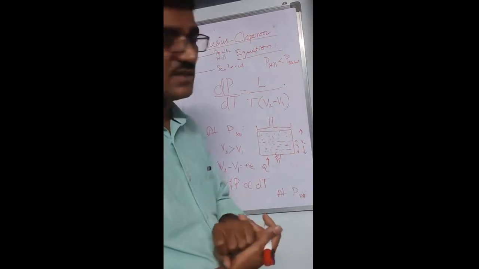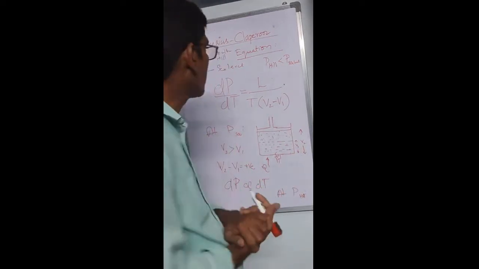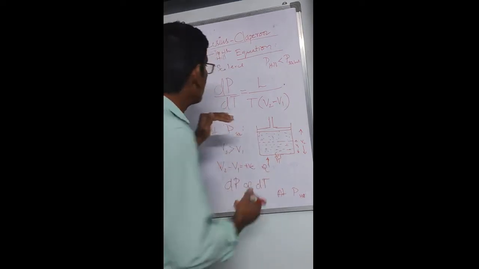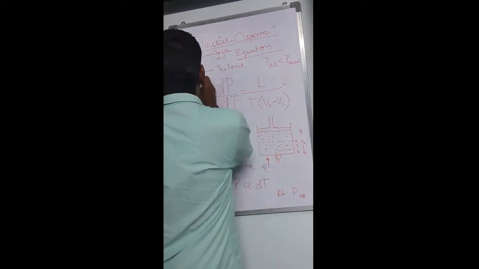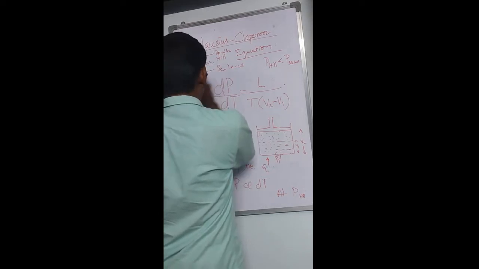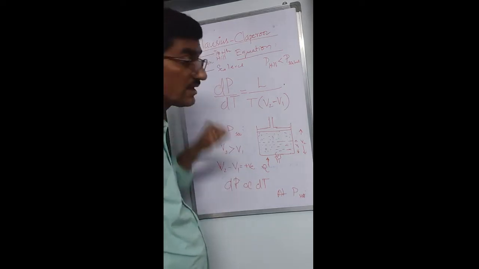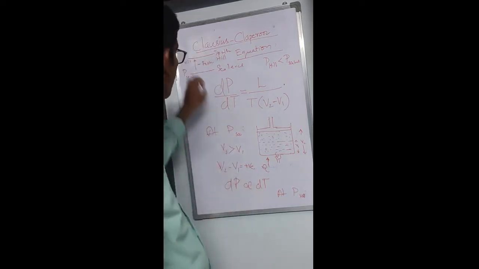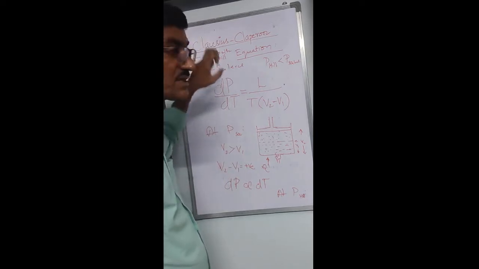This is one of the important things which can be explained by using the Clausius-Clapeyron equation. As you move up, pressure is decreasing. Okay, as you move up, this is a minus pressure. That means decrease in the pressure. So you will see the decrease in the pressure. Okay, this direction is a negative pressure direction. So what happens?